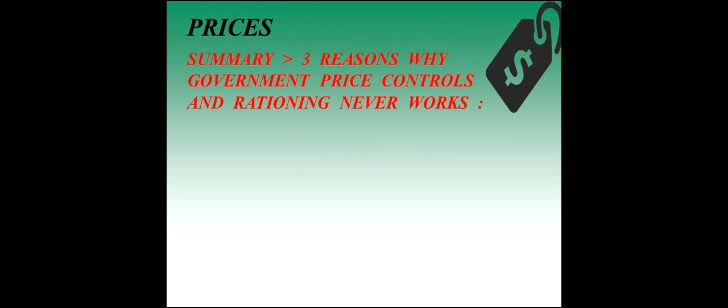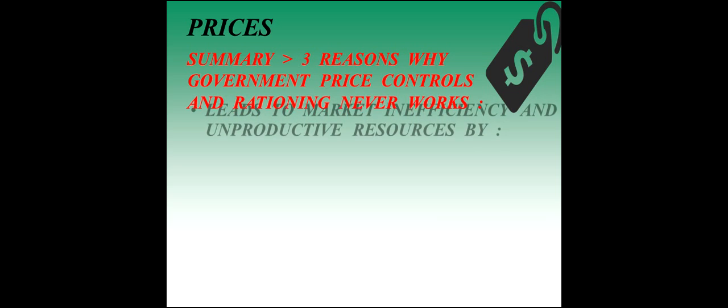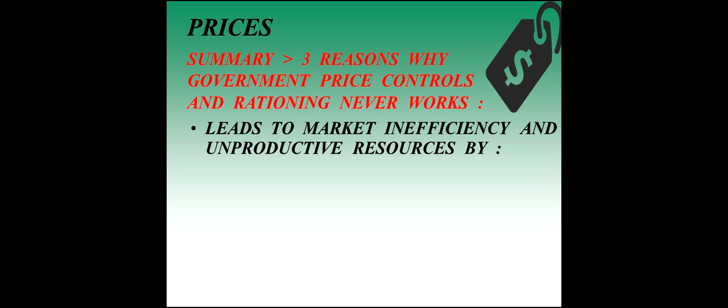We've now taken a look at both price ceilings and price floors. So let's summarize and look at the 3 reasons why government price controls in general and rationing, with the rare exception of a few unique circumstances, never work. The first reason is that price controls lead to market inefficiency and unproductive resources by 2 things. First, they limit choices for the groups that the price controls are actually designed to help.